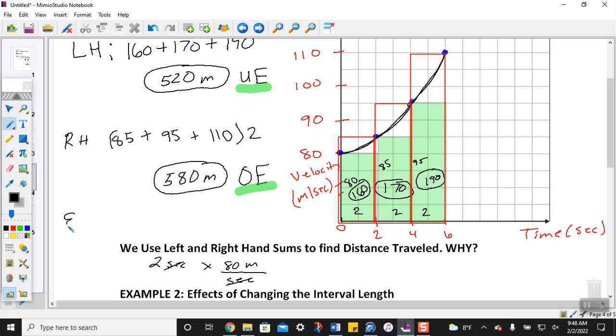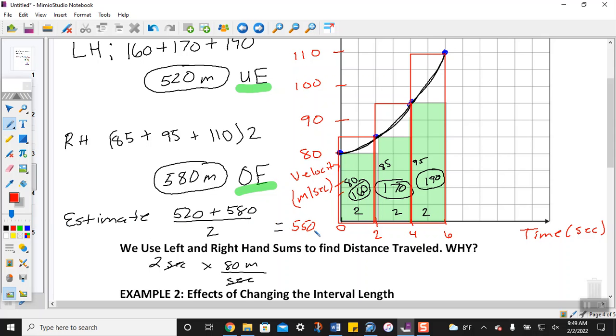Okay, so a good estimate by right and left hand standards here might be 520 plus 580 divided by what value? 2. What do you get there? Or what's the middle of 520 and 580? 500 and what?